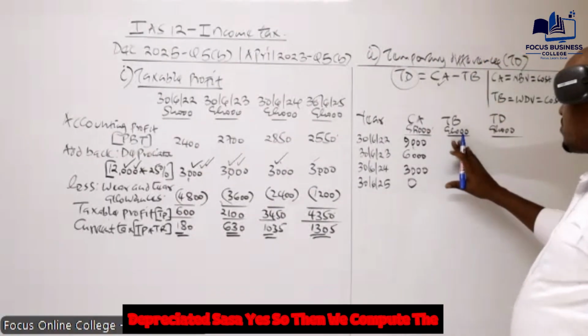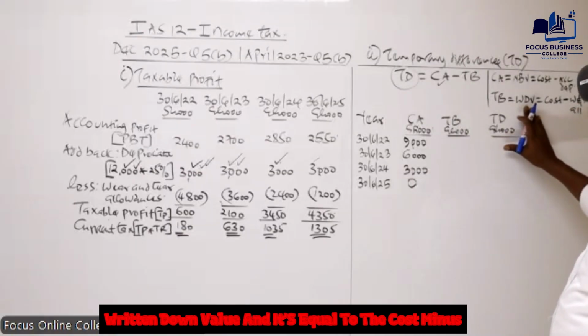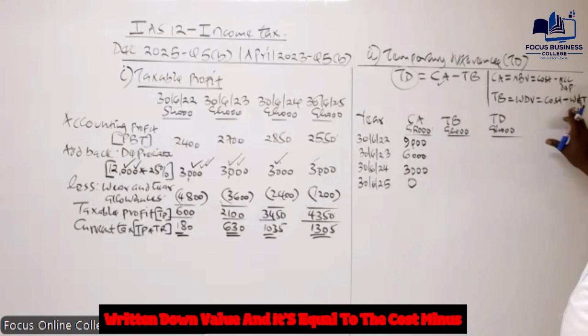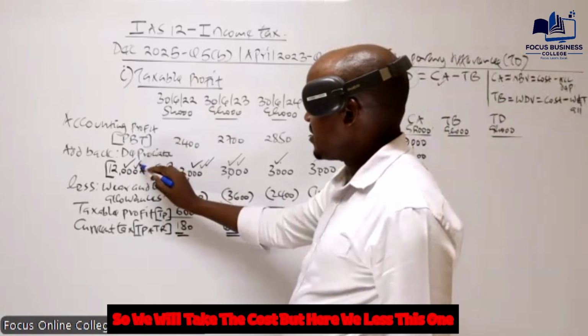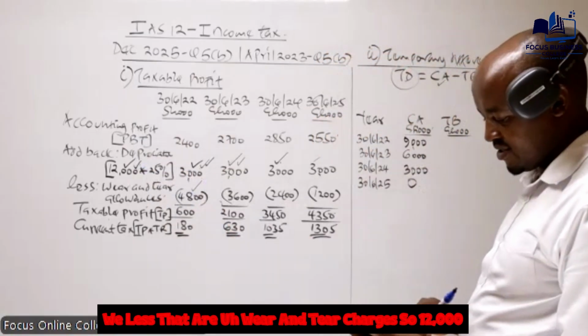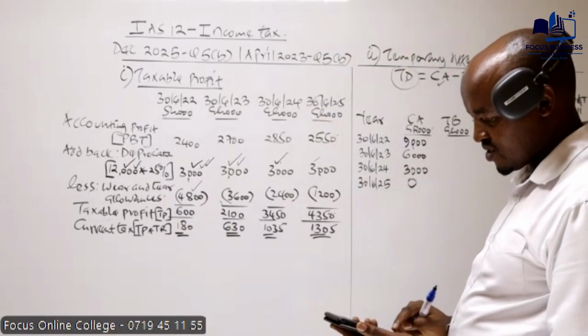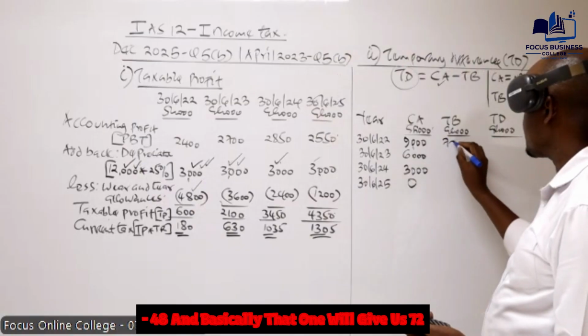Then we compute the tax base, which is the written down value, and is equal to the cost minus the wear and tear charges. So we take the cost, but here we less the wear and tear charges. 12,000 minus 48, and that will give us 72.